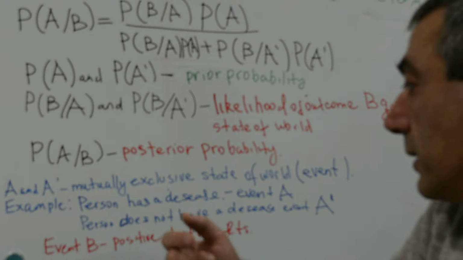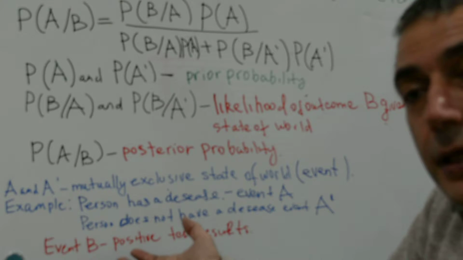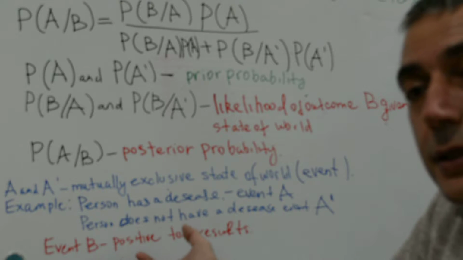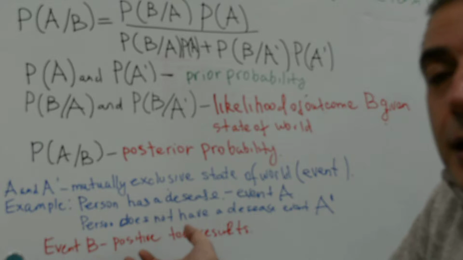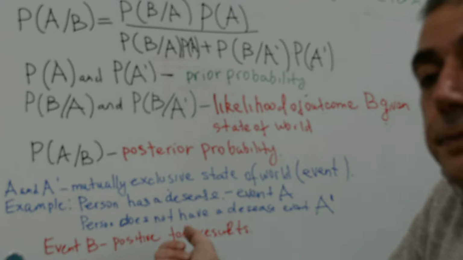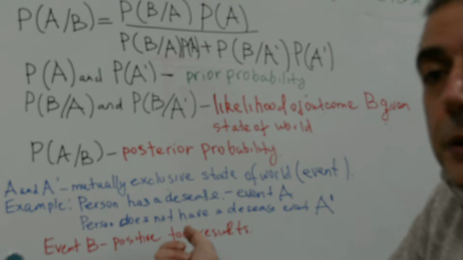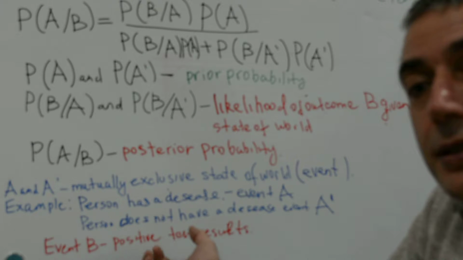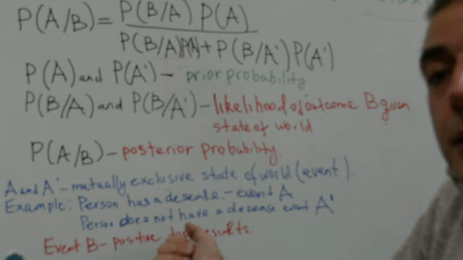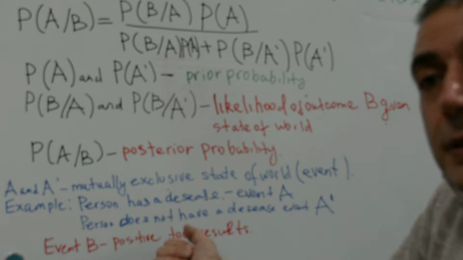Certainly, we conduct a test, and each test has error associated with the test results. A person might have a disease and the test wouldn't signal, and a person might not have a disease and the test would signal.